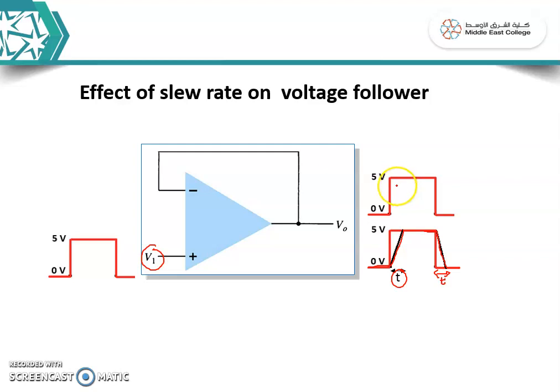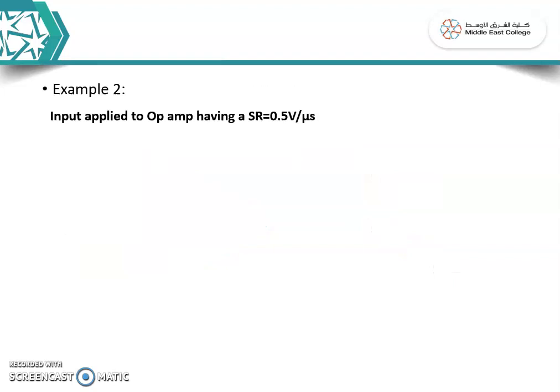I will show you one more example which will make it clearer. Let us assume that we are applying an input to an operational amplifier which has a slew rate of 0.5 volt per microsecond.